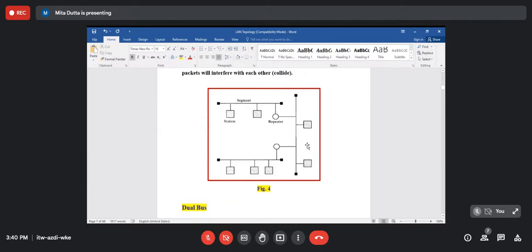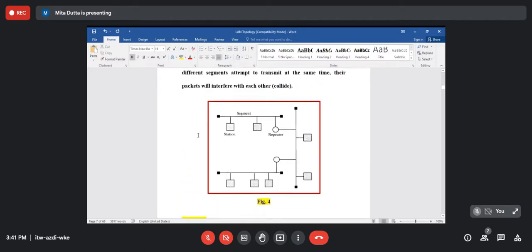So in case of a bus, to send information between the workstations and the file server, we have to use the CSMA/CD protocol, which I will cover later after this configuration part.